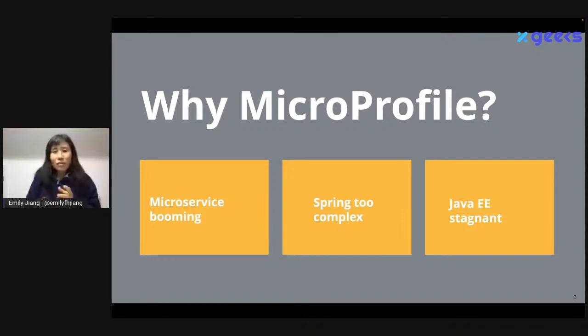And also people complained that Spring APIs were too complex. At the same time, Java EE was stagnant. So basically, we needed to evolve new APIs to meet the new requirements, but at that time, the standards were really slow evolving.